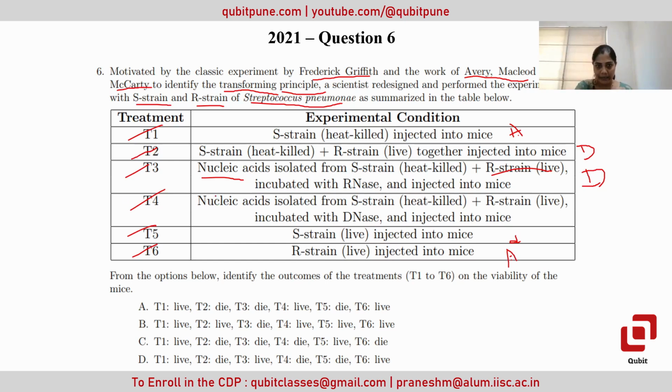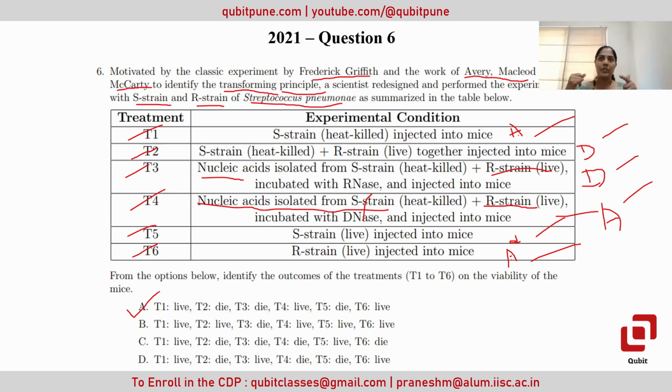So the activity of this nucleic acid will diminish because of the DNase activity, and only the R strain will remain. The R strain is avirulent in nature, so the mice will live. If we have to find this pattern, first it will be live, then dead, dead, live, dead, and live. This is in the case of option A. So option A is the correct one.